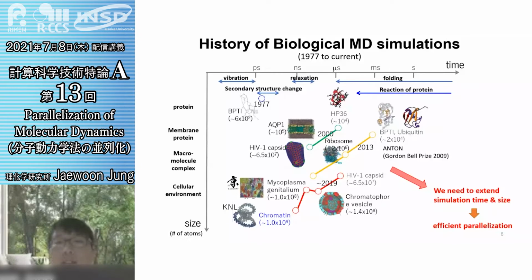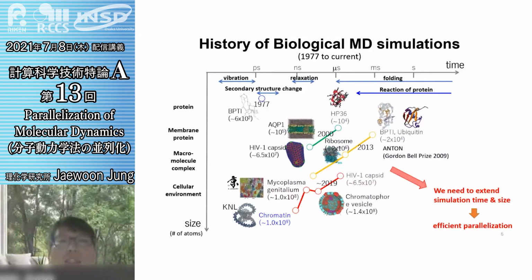And 10 years ago, in the USA, one group made a special MD machine named Anton. With this, millisecond MD simulations are available for a small protein.